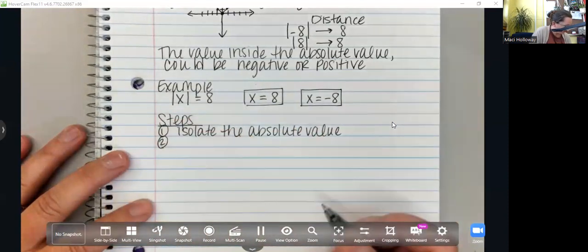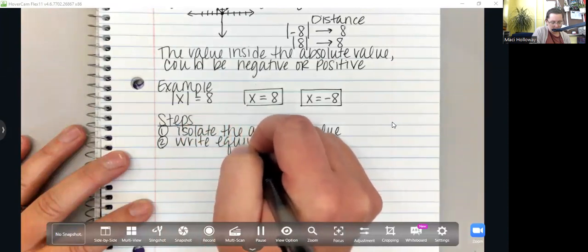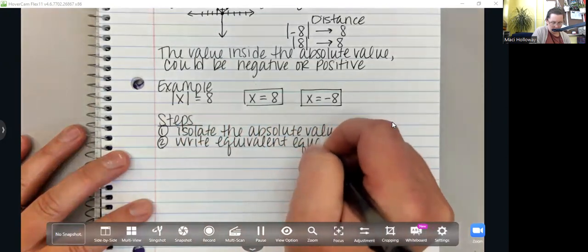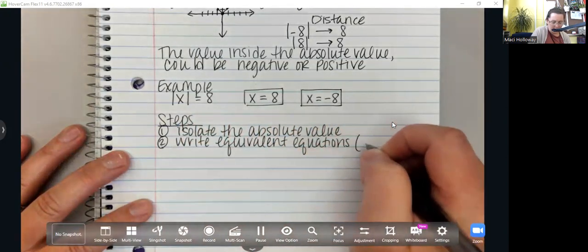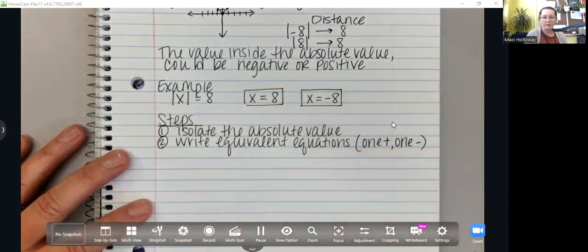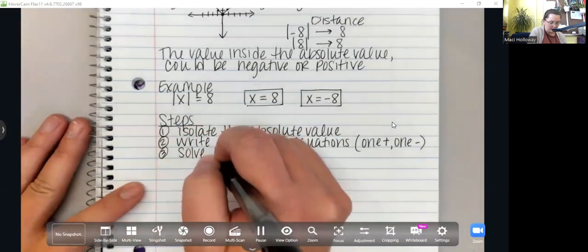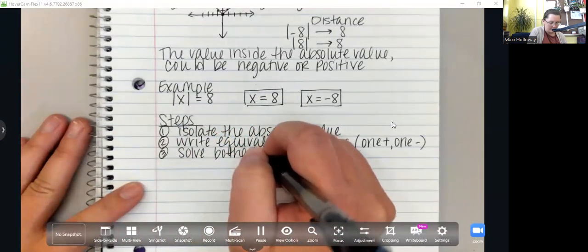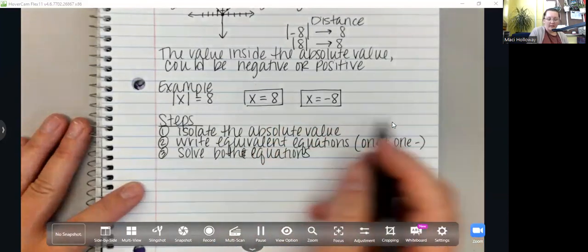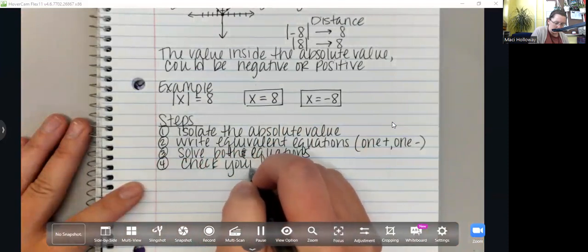Step 2, you're going to write equivalent equations, one positive and one negative. Then you're going to solve both equations. And then you're going to check your answer.